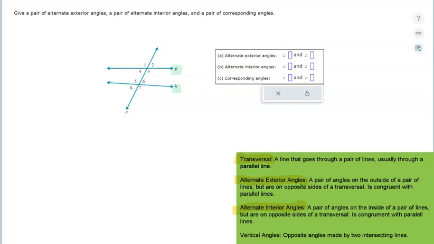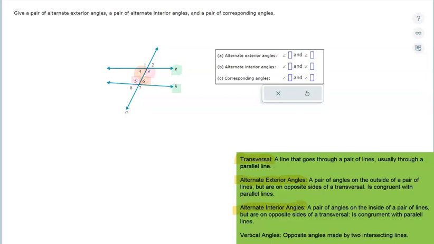So here's what we have, and I'll do this in orange. Now we're looking at the inside of two lines. So angle 4 would be alternate interior angles with angle 6. And again, you have two pairs. So angle 3 is another, and angle 5.